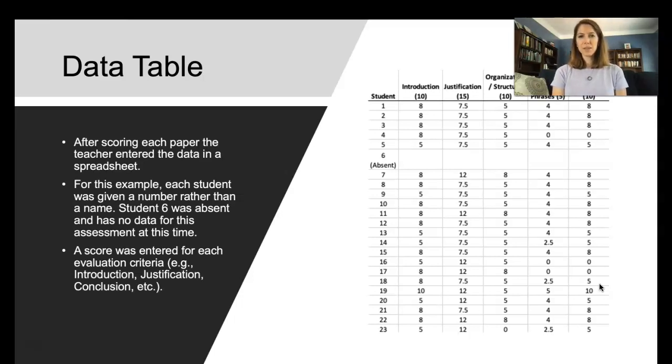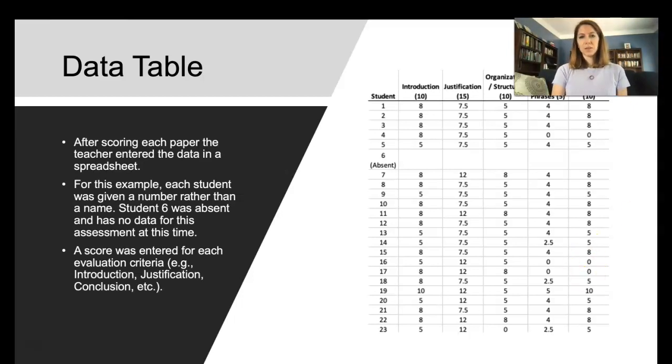So for the purpose of this assessment, and this is a fake assessment, this does not convey real information about students. Somebody just made up this data table just for an exercise. But instead of putting students' names, we put students' numbers in this case because, again, they're not real students. So each student has his or her own row, and in each column you see all the different evaluation criteria that we just talked about and that you saw on the rubric that you downloaded at the beginning of this presentation.